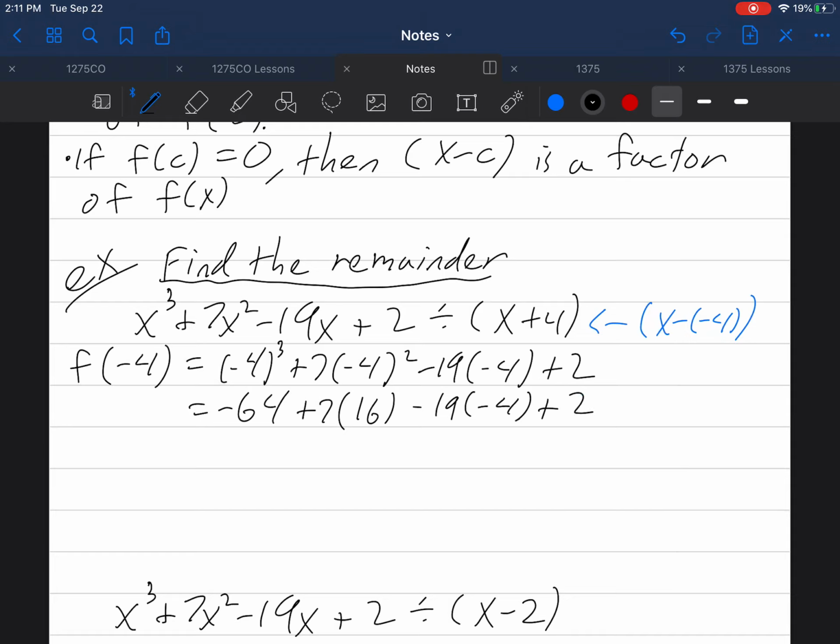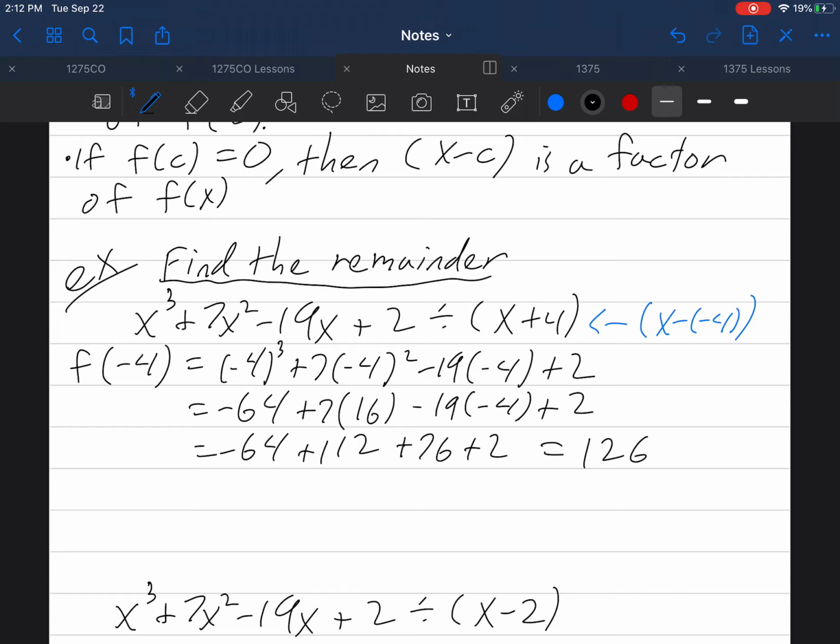Doing the multiplication, we get negative 64 plus 112 plus 76 plus 2. Adding this together, we get a positive 126.